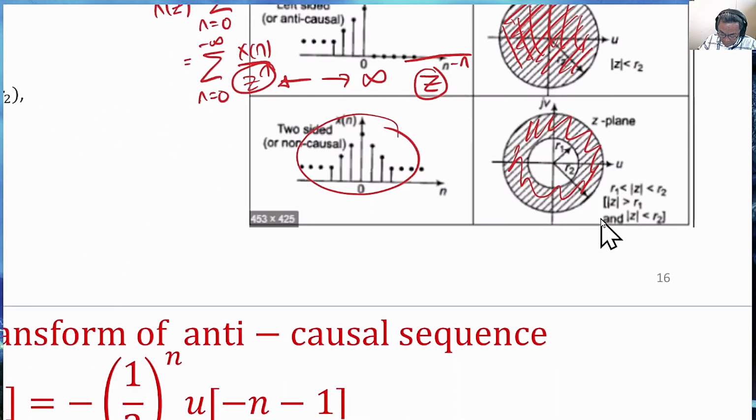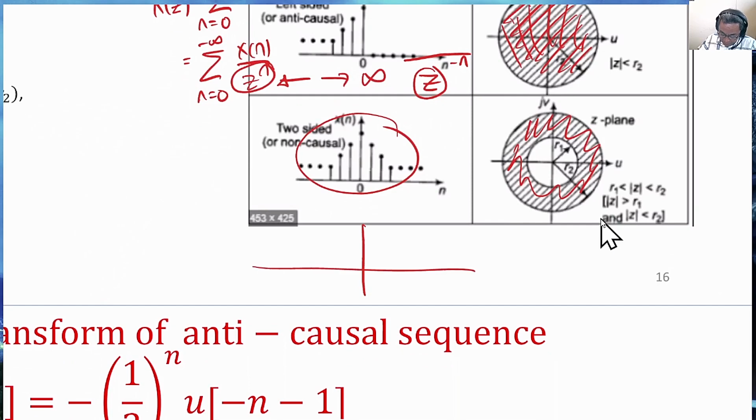Now, you can try this signal, a signal that is not a unit step. A unit step only exists on the right. So it is a constant existing from n equals negative infinity to positive infinity. And you realize that actually this signal has no Z transform.